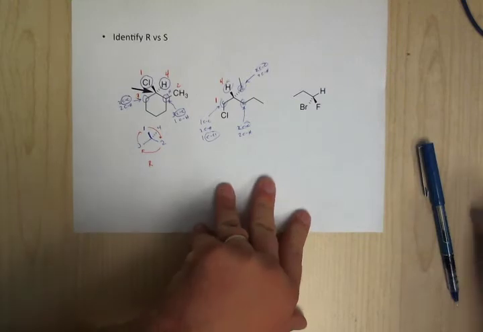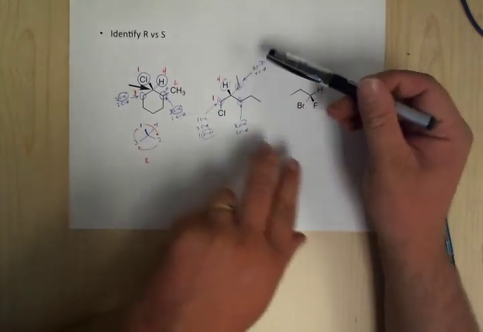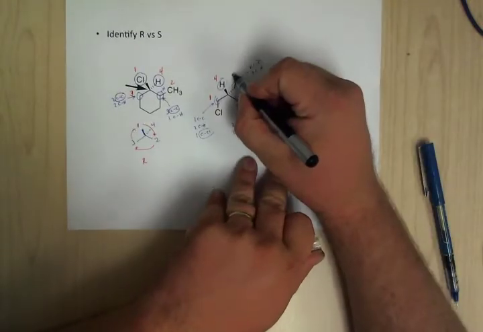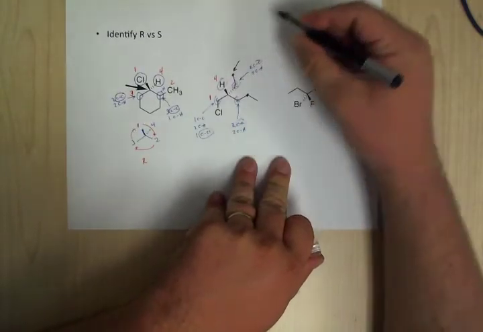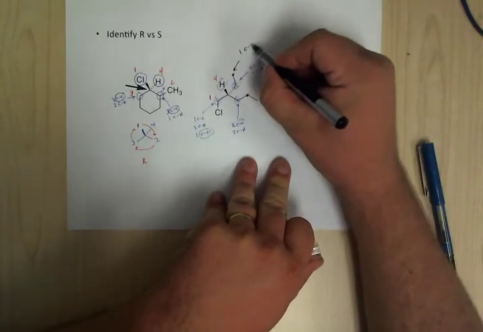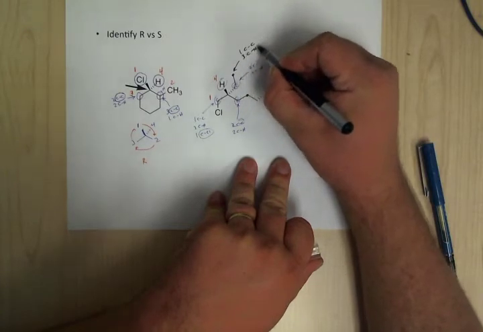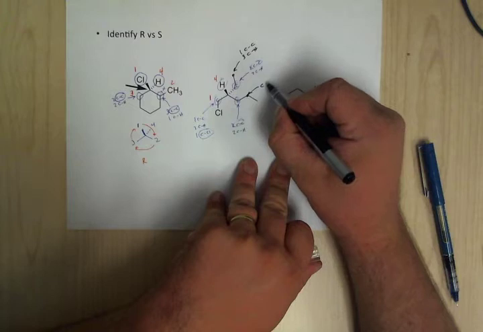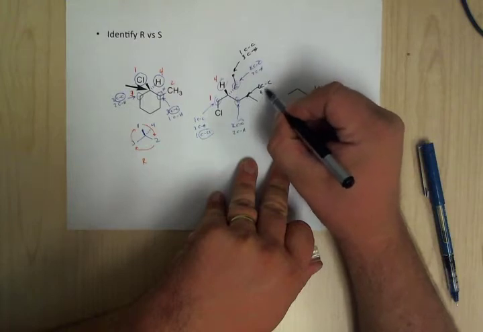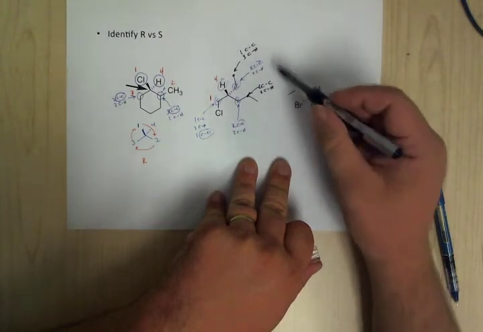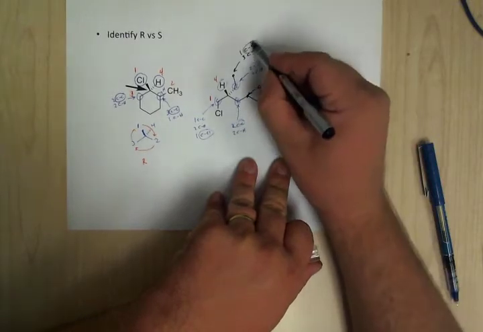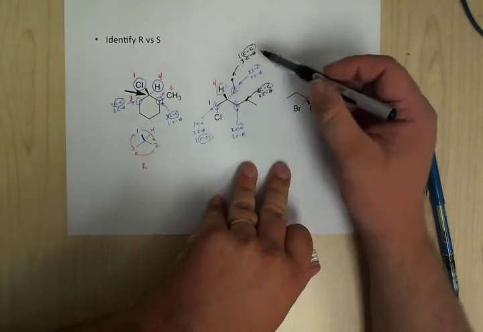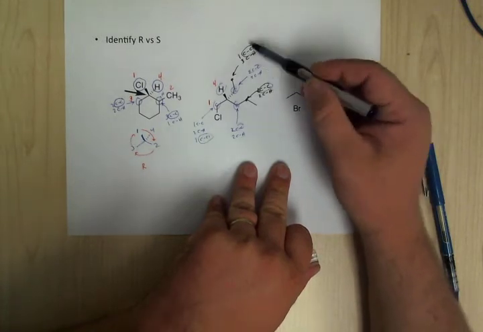Otherwise these two are a tie. So then we go out one further, this one and this one. This guy there has one carbon-carbon bond, 3 carbon-hydrogens, so CH3. This guy here has 2 carbon-carbon and 2 carbon-hydrogen. So the heaviest bond is still carbon-carbon, so that's a tie.